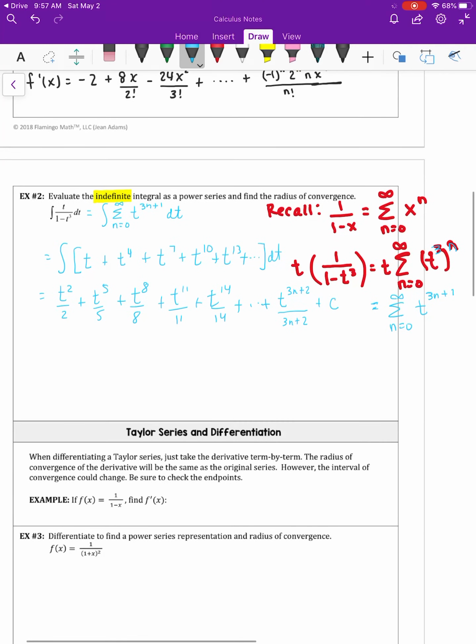When you're integrating and you have an indefinite integral, and they reminded you that it was an indefinite integral right there, you've got to put that plus c on there.